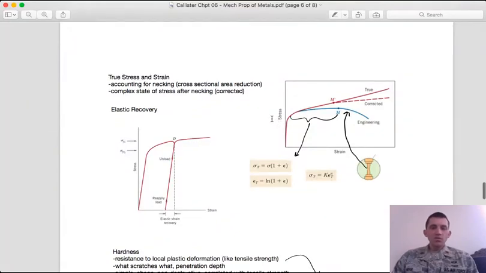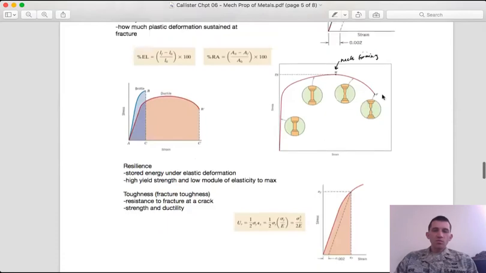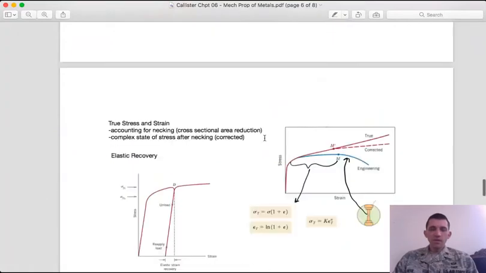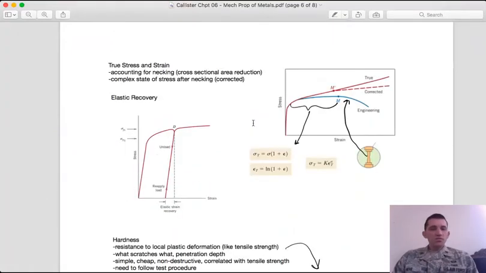And so the difference here, what we were looking at in this figure, is what we call engineering stress, right? Where it's more convenient to just use a constant cross-sectional area, even if it makes the curve bend down. But it's not true. So to go from engineering stress to true stress and strain, we need to account for this cross-sectional area reduction.